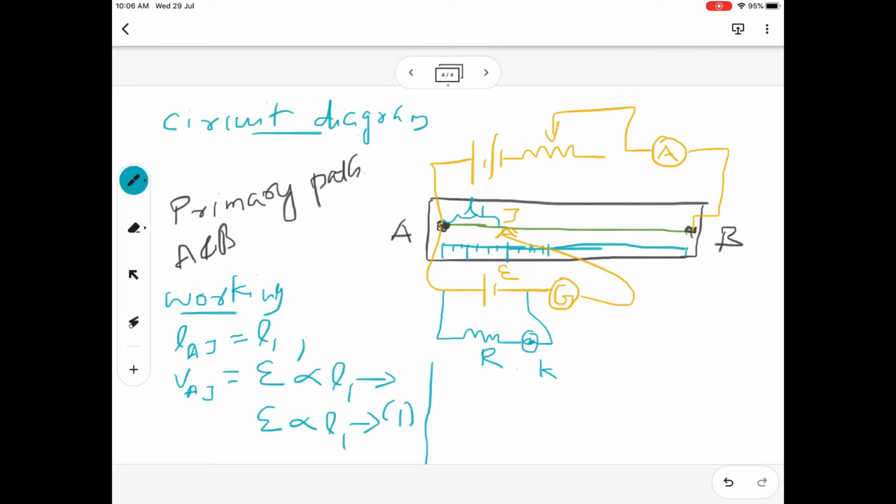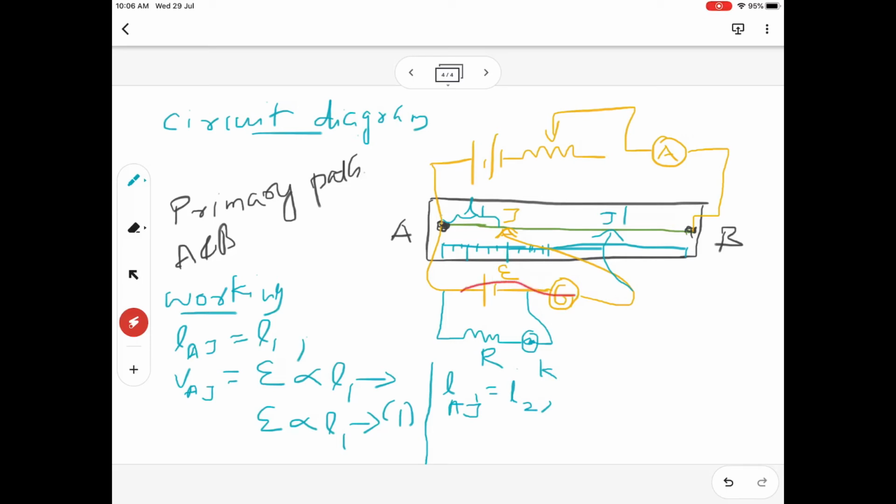Then let the jockey start sliding over from the point A. Locate a position J dash at which the galvanometer shows null deflection. So we have to know that from the cell through the galvanometer there is no current running, so AJ dash is a balancing length, which is noted to be L2.